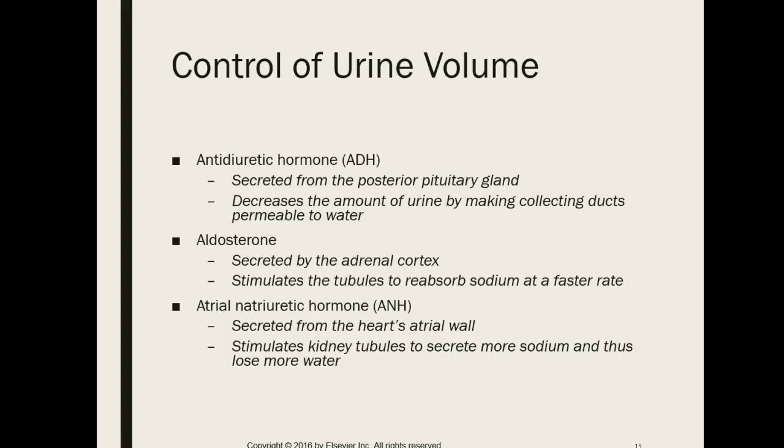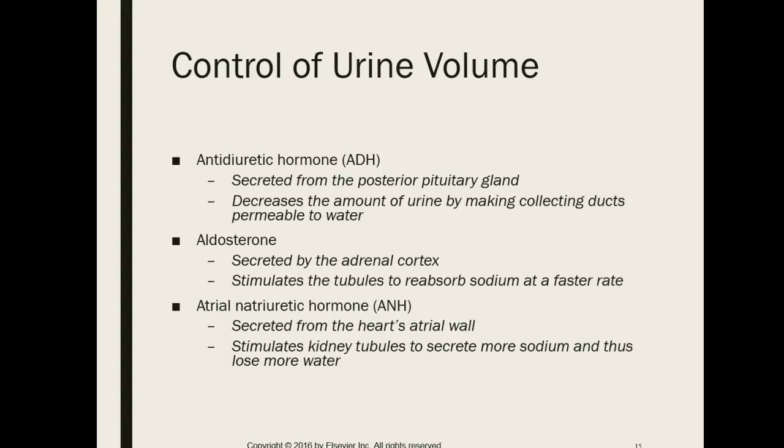So to control the amount of urine that is being produced, we have a couple of different hormones that are going to act on the system. The first one is the antidiuretic hormone, or ADH, and this is secreted from the posterior pituitary gland. It's going to decrease the amount of urine by making the collecting ducts permeable to water.